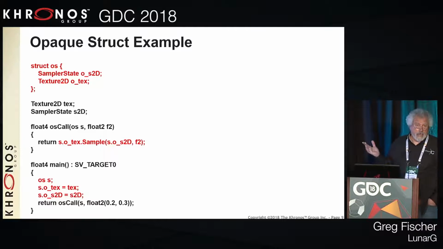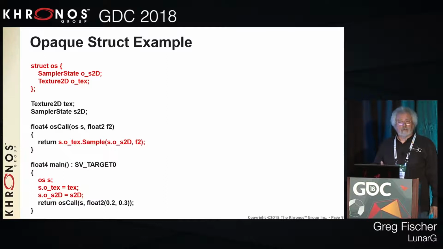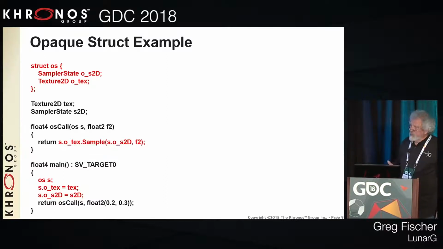That structure is passed maybe to a function call, and then the sample is executed using values out of the structure. This is not supported by Vulkan. It's considered, quote unquote, illegal by Vulkan, even though it's expressible in SPIR-V. So we needed to optimize this away.